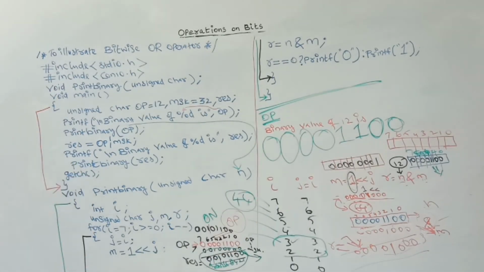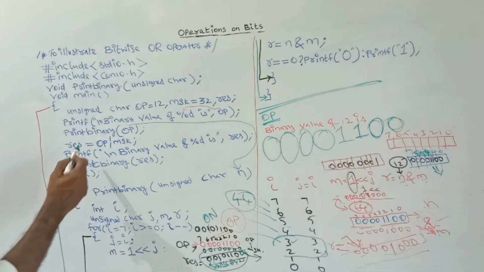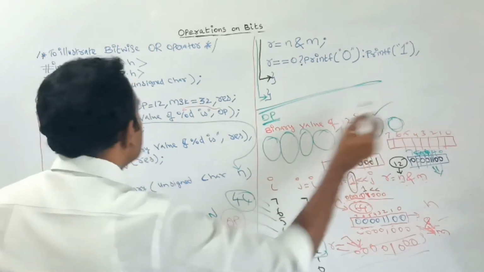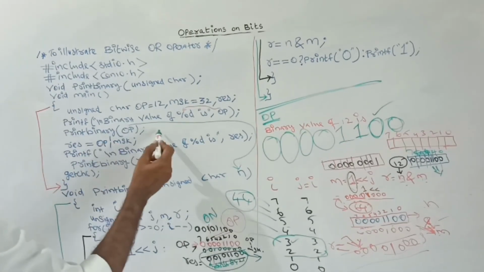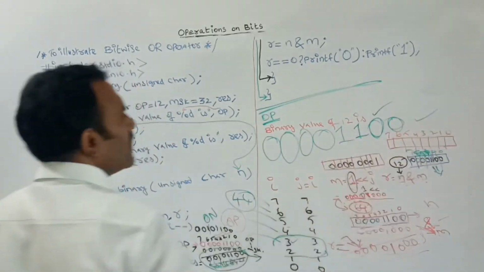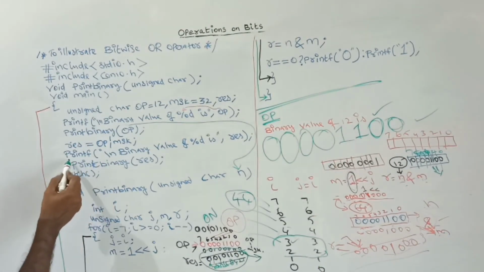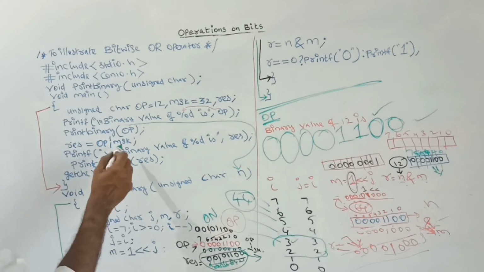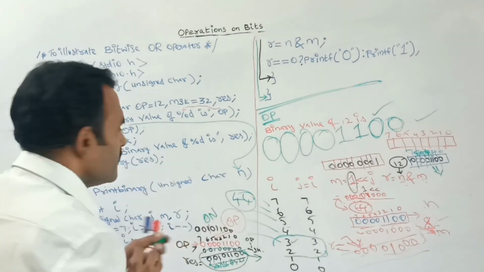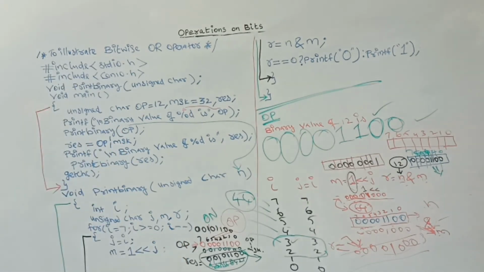So in this step, first I had printed the binary value of 12. Next, the binary value of RES, and this RES is 44. So the message will be printed like this in the output screen.